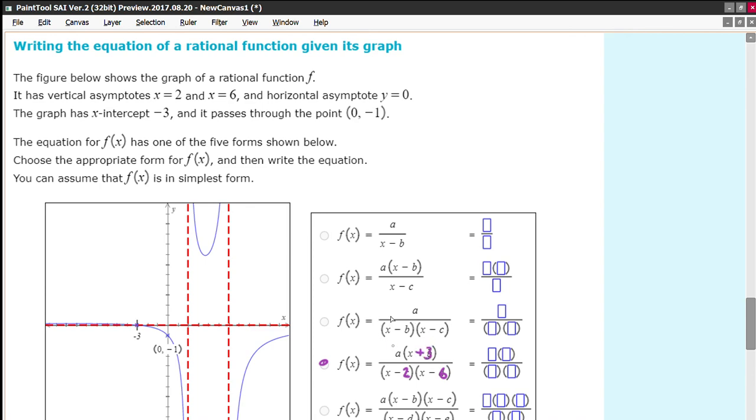Now, the only thing we're missing is a. Again, because the horizontal asymptote is at y equals 0, we can make use of a point that passes through the graph. So, if we write the function in this notation, and substitute the coordinates for x and y, we can find a value for a.